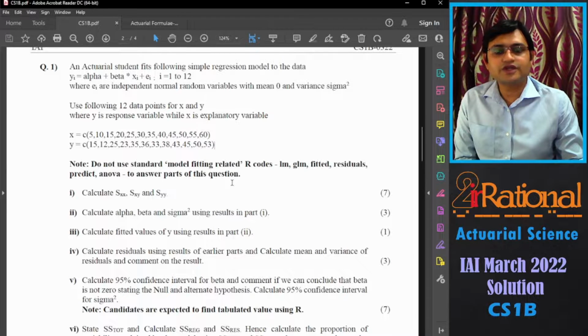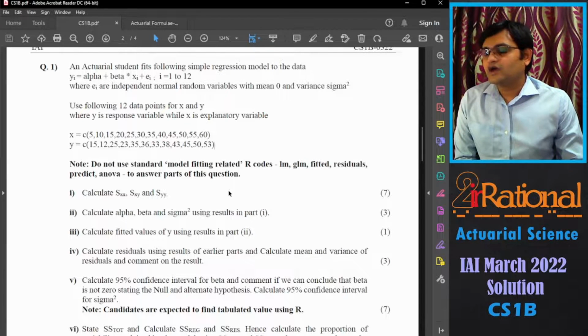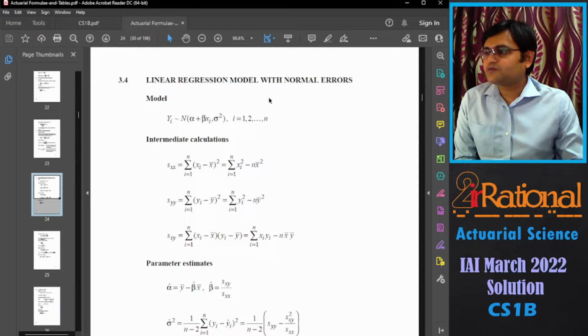They have made sure that we will be answering them using the methods of our Part A. So calculate Sxx, Sxy and Syy. So what we'll do is we will keep the linear model regression from our formula table book, and you can refer to the formula whenever you want from the table book as well.